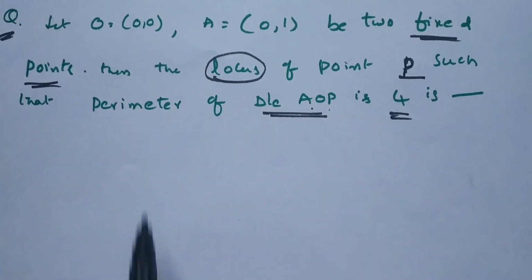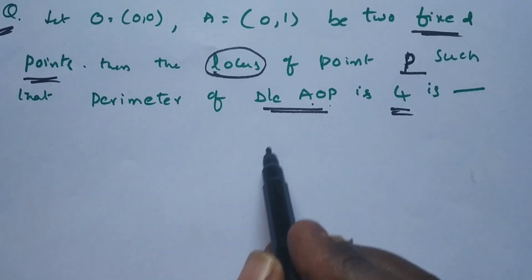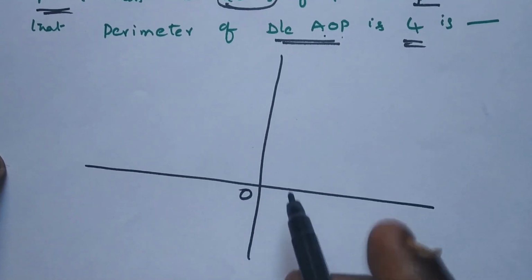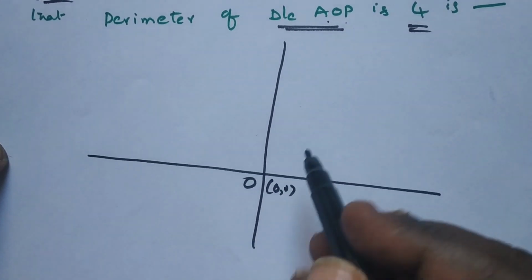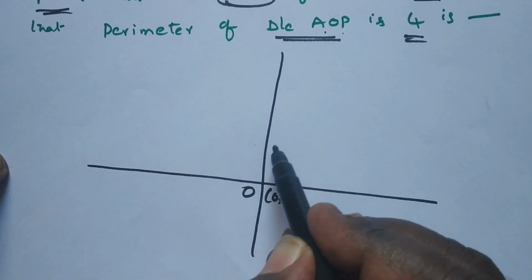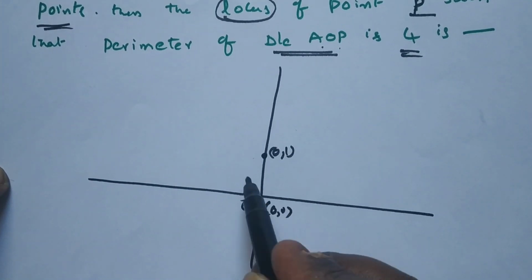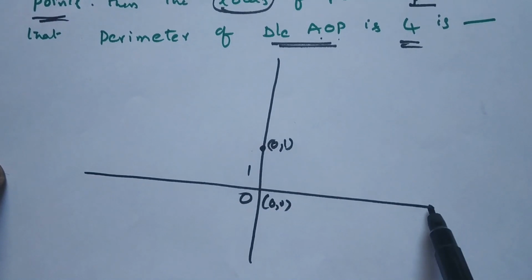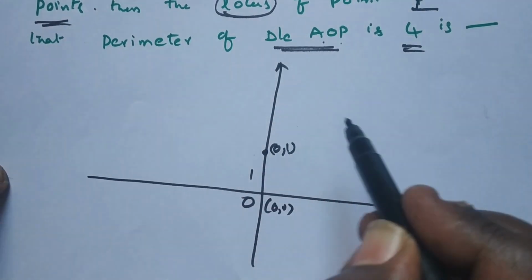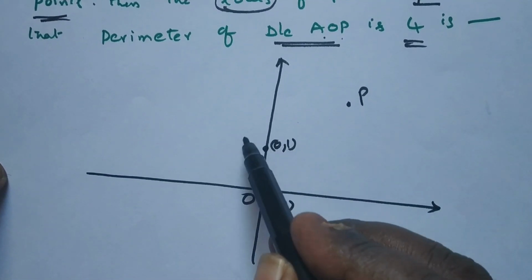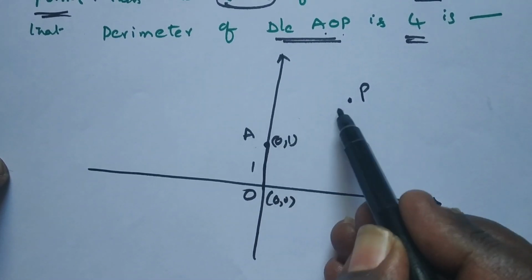There are two fixed points. These are the vertices of our triangle. This is the origin, its coordinates are (0, 0). A is at (0, 1), that lies on the y-axis at 1 unit distance. P is a variable point. Suppose this is one of our points. The triangle OAP is like this.